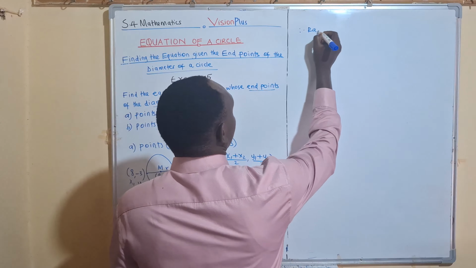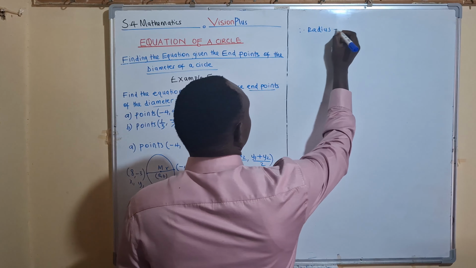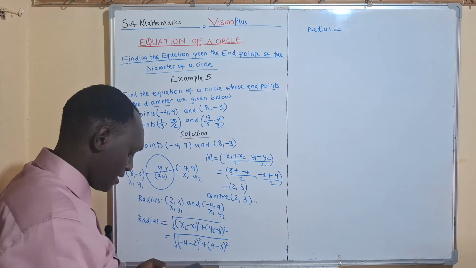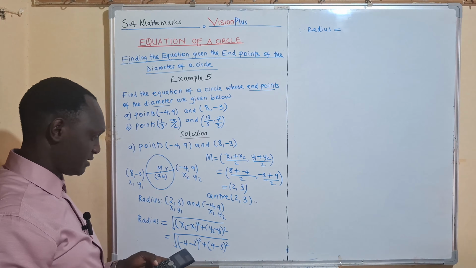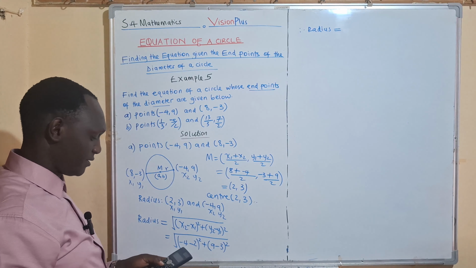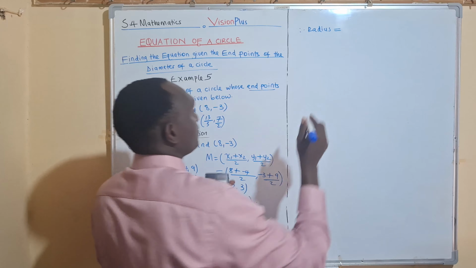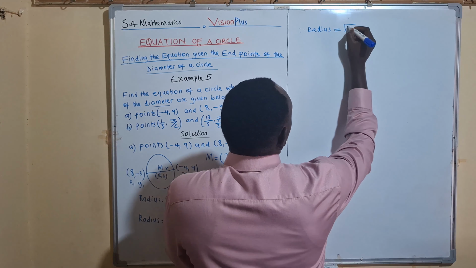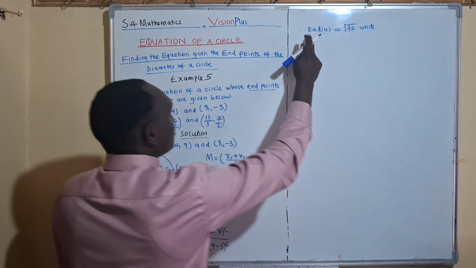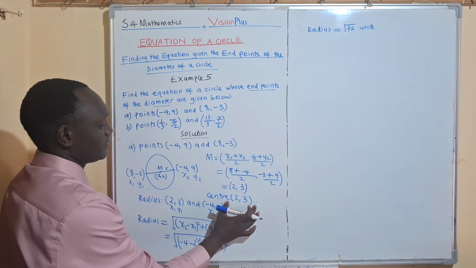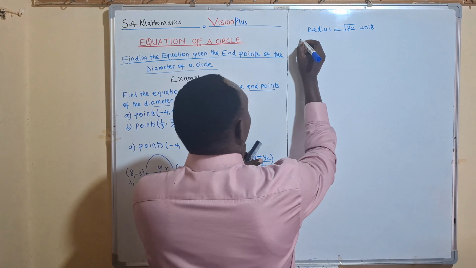Therefore my radius becomes -4 minus 2 squared plus 9 minus 3 squared, which is 72. I'm getting root of 72 units. That is the radius. Knowing the radius and the coordinates of the center, you can find the equation.